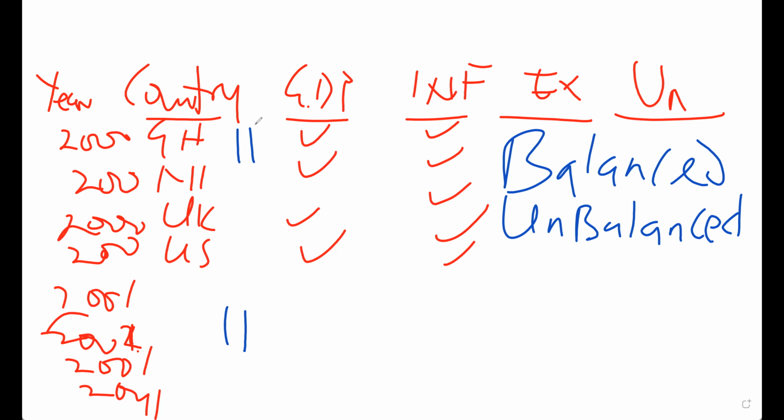If the UK didn't have a particular data, say inflation, but it has GDP and something else, you cannot say that it is unbalanced, and this is very important. It is still balanced. The only thing is that it doesn't have that particular variable. So one way to deal with that variable is to do interpolation.